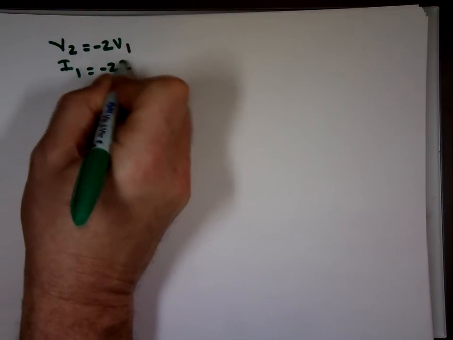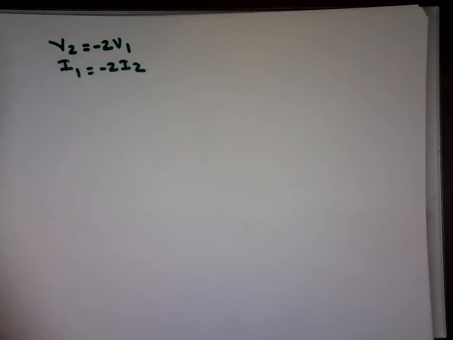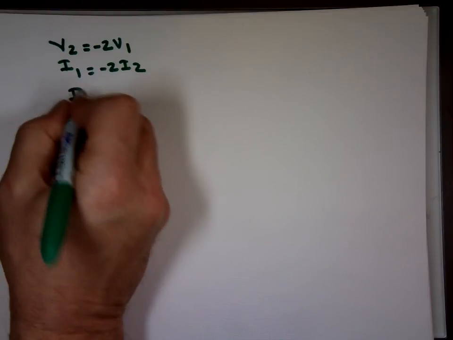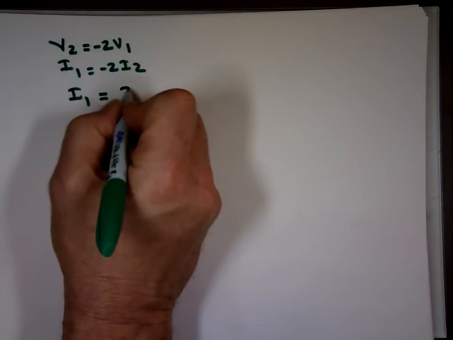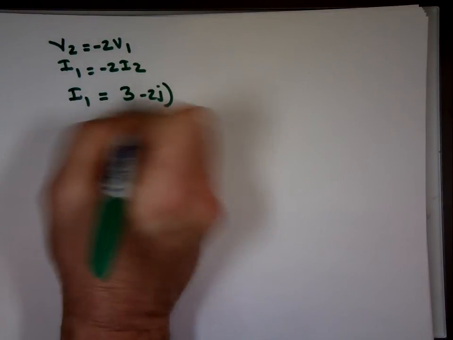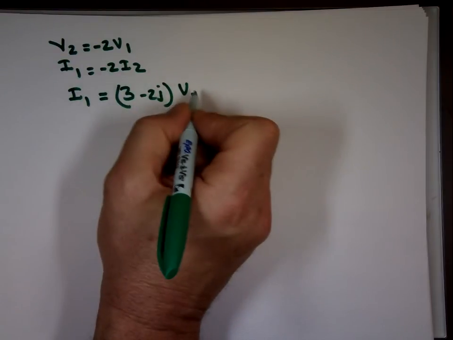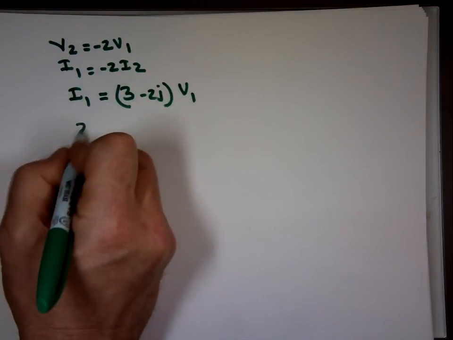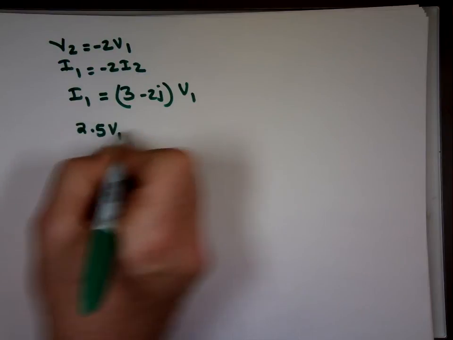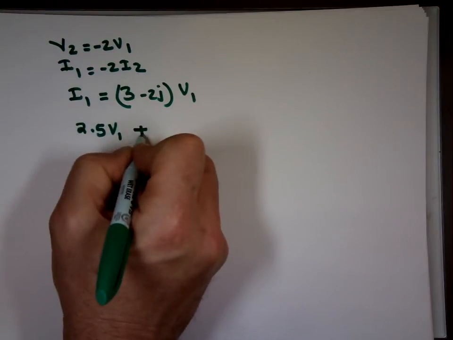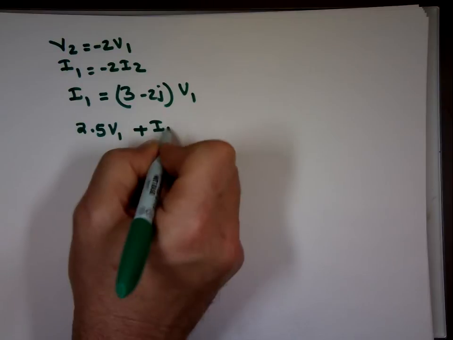Next equation, I sub 1 equals 3 minus 2j times V1. And the last one is 2.5 V1 plus I sub 1 is equal to 5 angle 0.